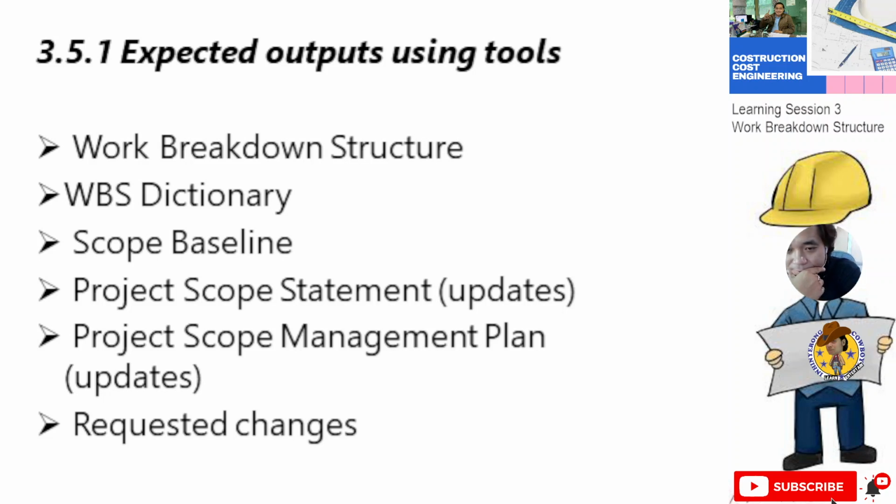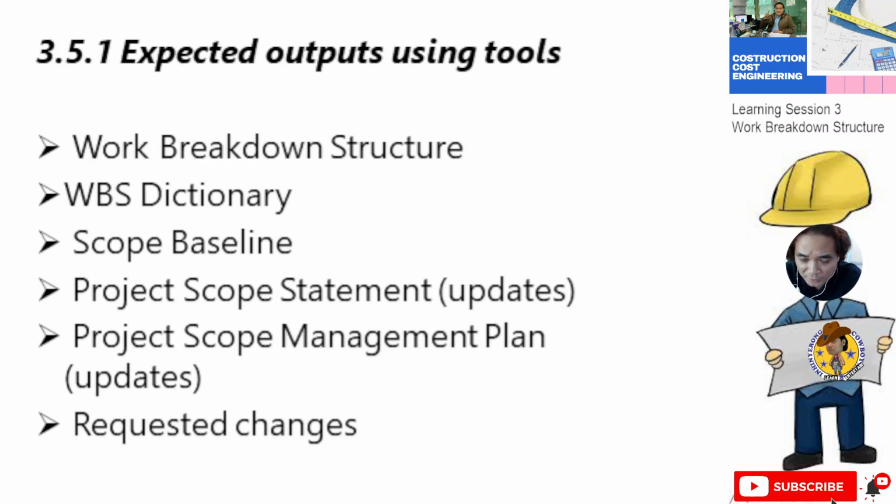Okay, so these are the expected outputs using the tools that we mentioned. We have the work breakdown structure, the WBS dictionary, then the scope baseline, the project scope statement updates, then the project scope management plan updates, and the requested changes.